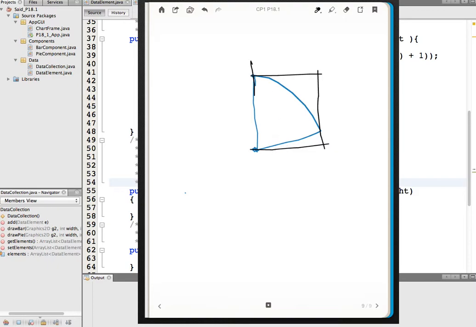So if that's my arc, then this is my x and y points. This is the width of my arc. This is the height of the arc. This is the start angle. And this is the end angle.